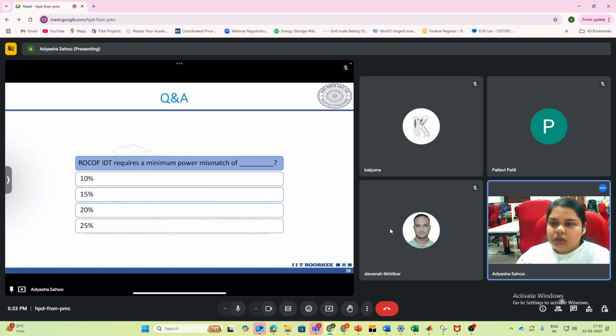Then the Rokov based identity technique requires a minimum power mismatch of what? Basically, it is asking the non-detection zone. How much is the non-detection zone of Rokov?